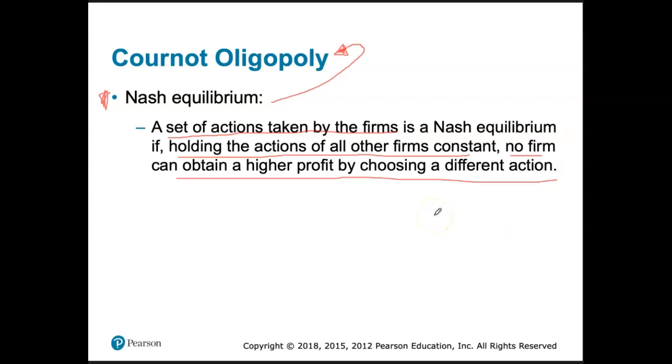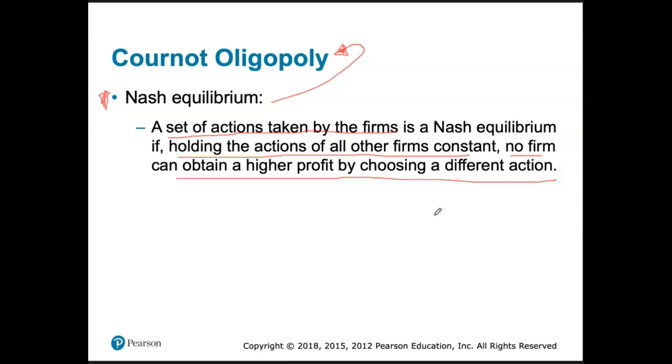Essentially, firms are playing their best strategy, or they produce in the best possible way they can. I know this definition sounds really abstract and nebulous right now, but eventually it will make sense to you.